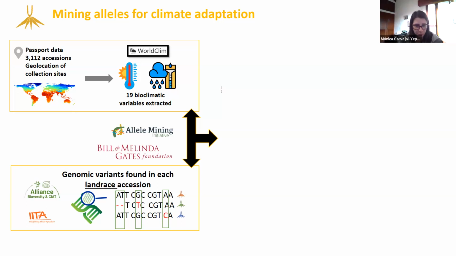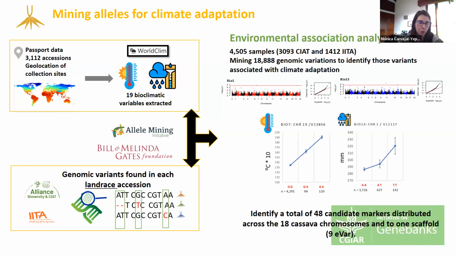We are working together with IITA, leveraging the existing DSI and combining this information with the bioclimatic variables that are extracted using the geolocation data of the collection sites of the accessions. And we are performing, as Carolina explained, the environmental association analysis. We have identified some possible candidate alleles that are under revision.